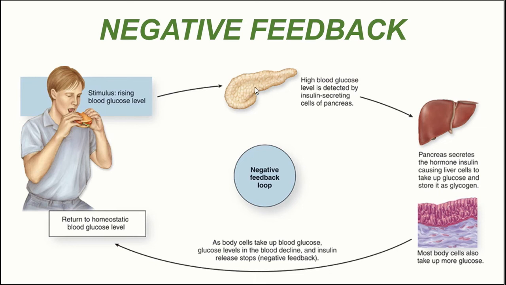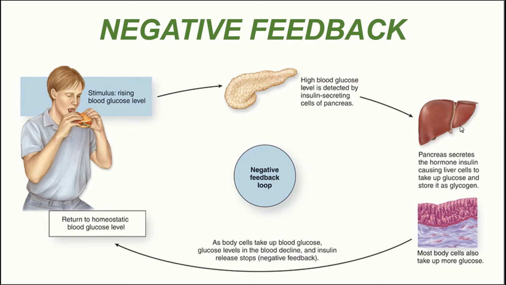Insulin is a hormone that helps our body's cells bring glucose from the blood into our body's cells and tissues so that they can use it. So rising blood glucose levels trigger the pancreas to release insulin into our blood.